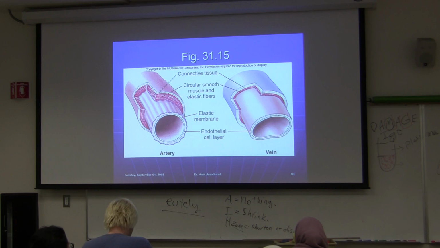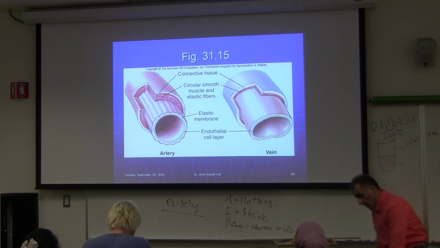And then another difference between vein and artery. I asked one of the questions in your questions at the beginning, what are the differences between the artery and vein? So that's one difference I said. The other difference, veins have valves. They have valves. Arteries do not have valves. The reason you have valves is because blood does not flow backward.